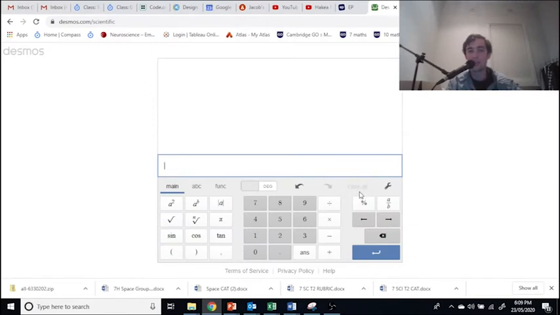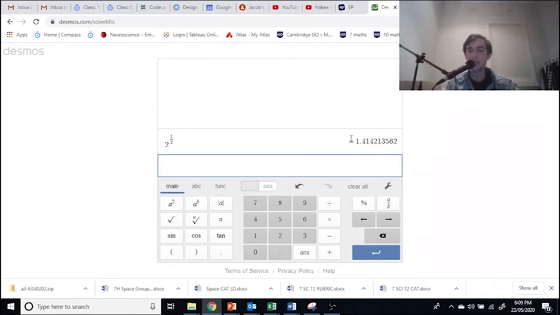So, let's do 2 to the power of... So, the power button, and I'm going to do a fractional power by hitting the fraction button. 1 over 2. And that's 1.41421.